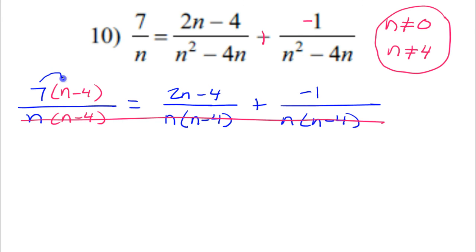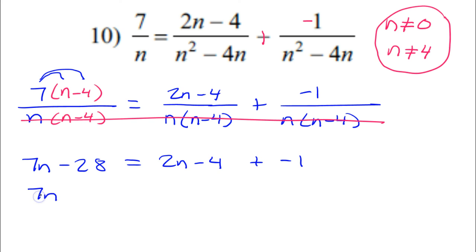I'm going to go ahead and distribute this. So I have 7n minus 28 is equal to 2n minus 4 plus negative 1. Let's see, like terms. So I have 7n minus 28 is equal to 2n. Negative 4 and negative 1, so that's negative 5.